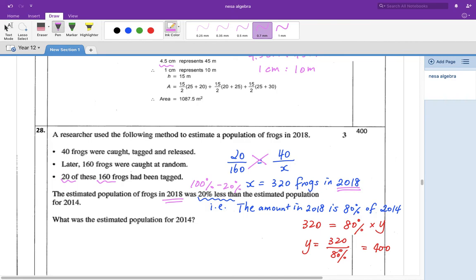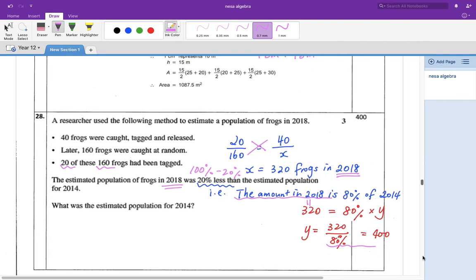So from this, the amount in 2018, that's 320. It is, so "is" means an equal sign, 80% of the 2014 population. So this is what I'm trying to find out, so I use a pronumeral. So the equation you get is 320 equals 80% times y. Y is equal to 400. That means there were 400 frogs in 2014.